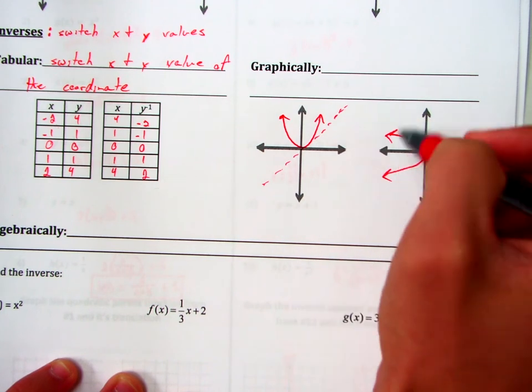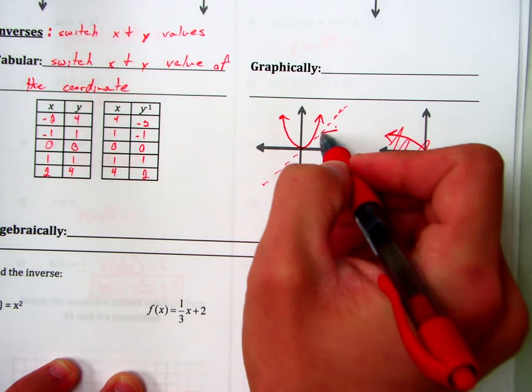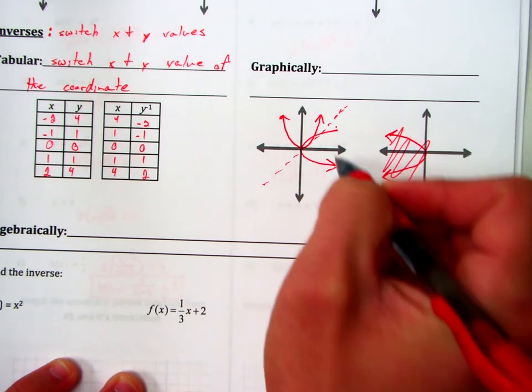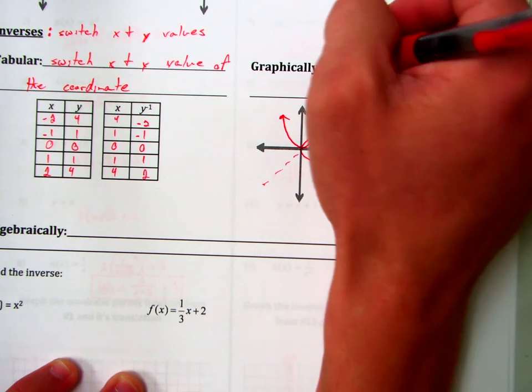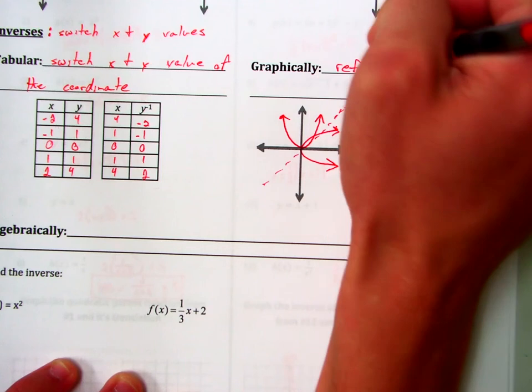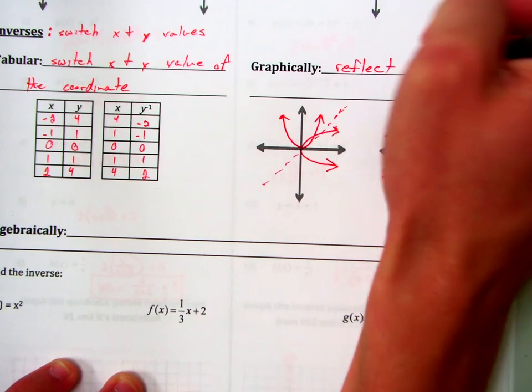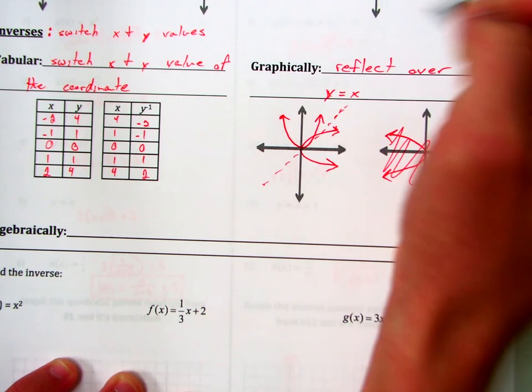Sorry, I actually made a mistake right here. It would look like this right here. So let's graph it on the same one. It should be a perfect reflection over the y equals x line, just to make that clear and very quick. So it reflects over y equals x, or the linear function.